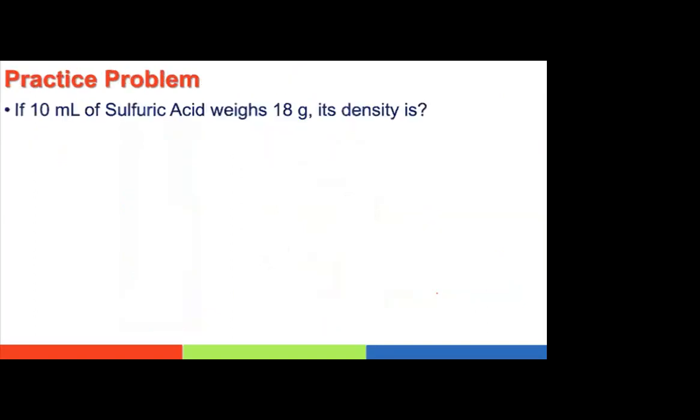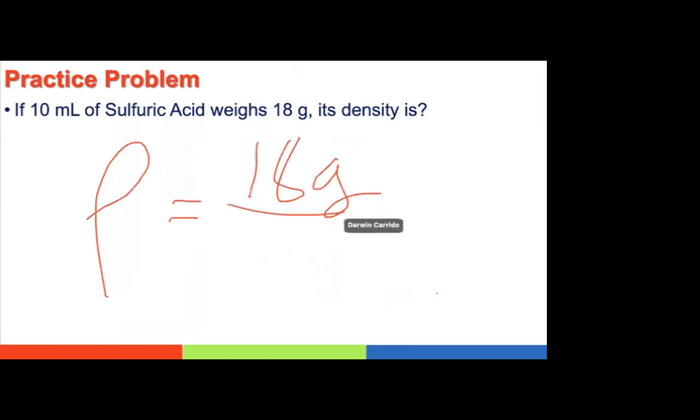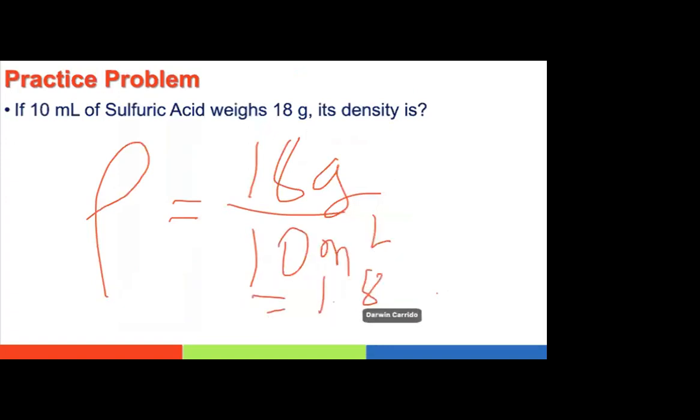What is the density of sulfuric acid if 10 mL of it weighs 18 grams? What is its density? This is very easy. Density is mass over volume, 18 grams over 10 mL. The answer is 1.8 grams per mL.